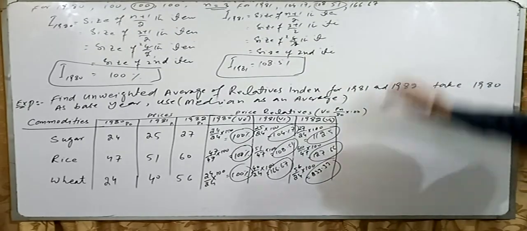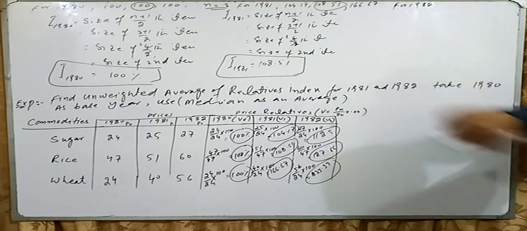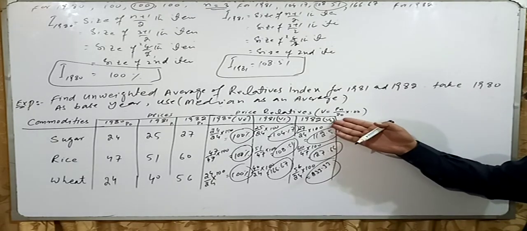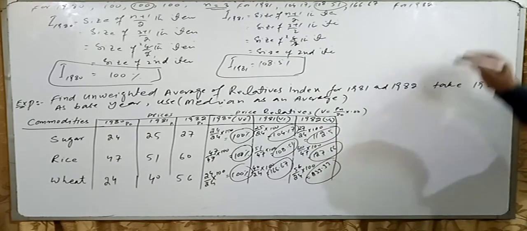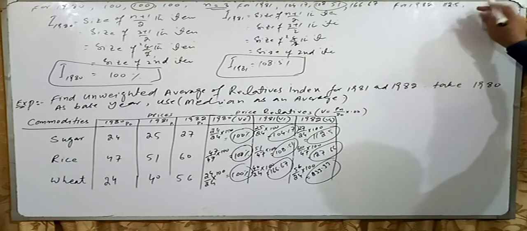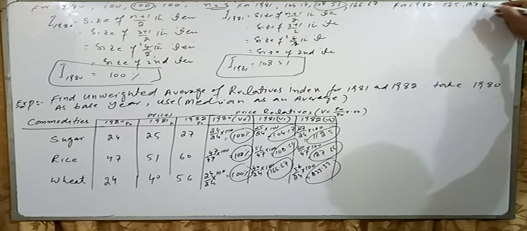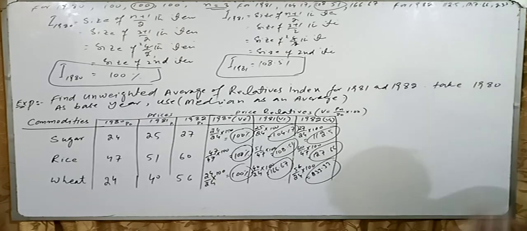For the next year, 1982, first you have to arrange the price relatives in ascending order: 112.5, the second one 127.66, and 233.3.